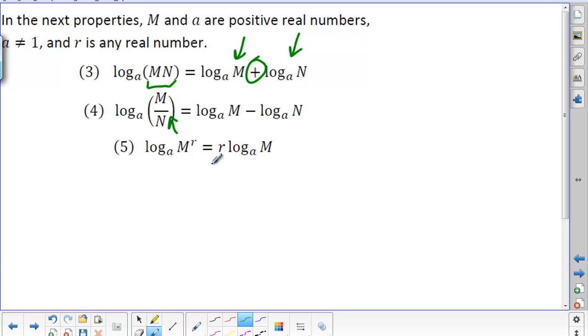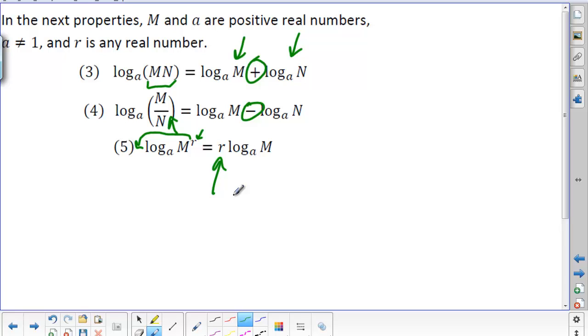Here, if we divide, it's the same thing, but we subtract the two logarithms. And then this last one on the page says if we have log base a of m raised to the r power, so if we have a power on that argument inside the logarithm, we can actually bring that down, and it becomes r log base a of m.